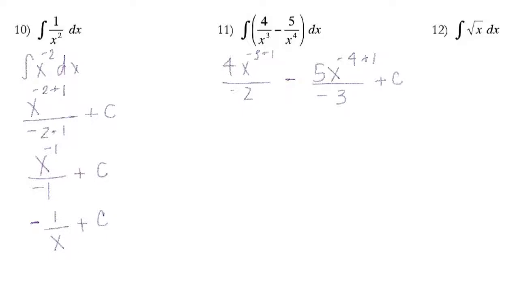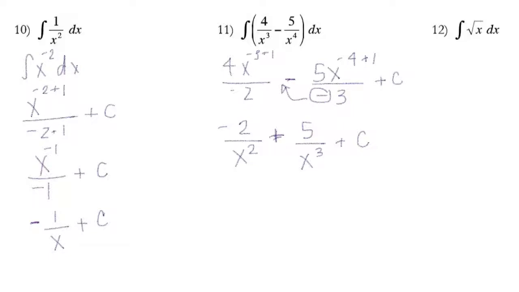And so let's see, that's going to be negative 2 for my coefficient, and then x to the negative 2. So I'm going to go ahead and flip that over. And then let's see, this minus here is going to cancel with that. So I have a positive, isn't that great? And then 5, and then that's x to the negative 3. So let's move that to the denominator, plus c.